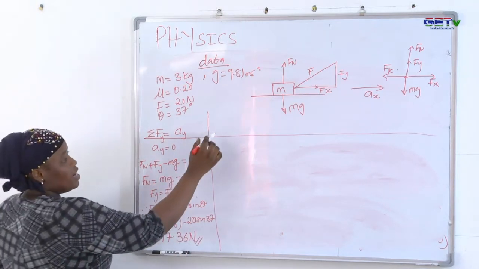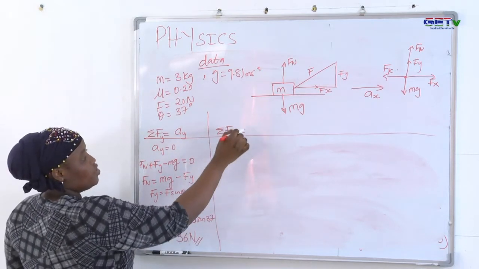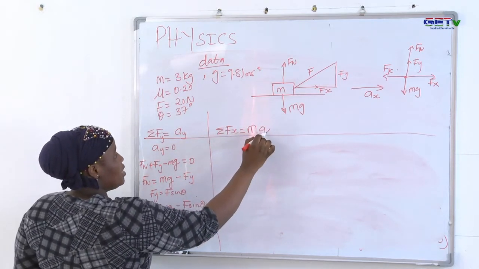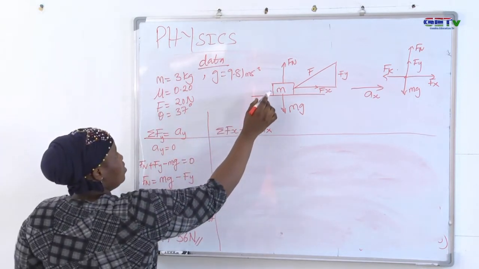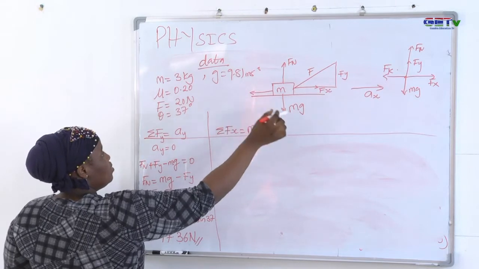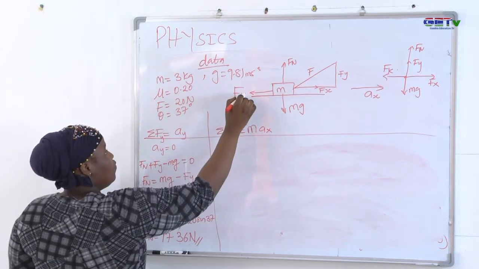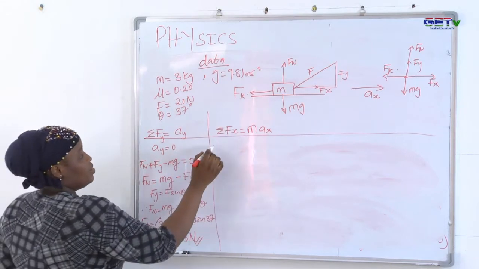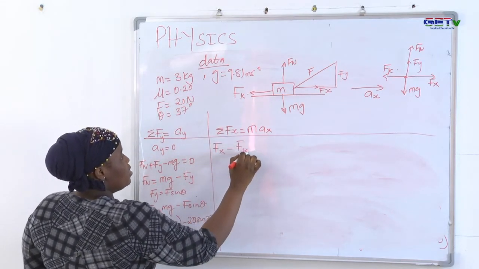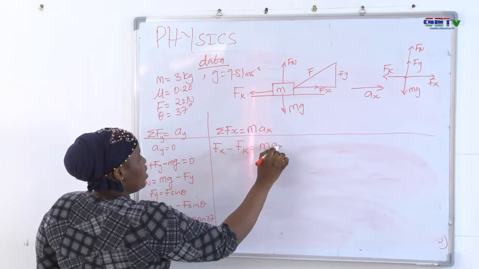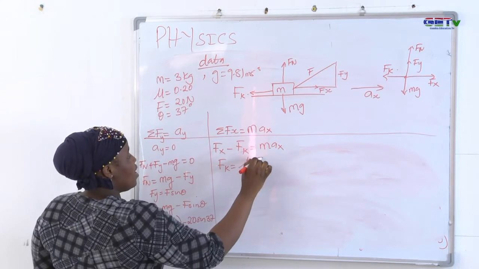So we shift our attention to the forces acting on the x-axis, and that gives us the sum of forces on the x equals mass times the acceleration on the x-axis. As we said earlier, this is a rough surface, so the forces acting on the horizontal will be Fx and the frictional force. So Fx minus Fk is equivalent to m ax, where Fk is mu times Fn.